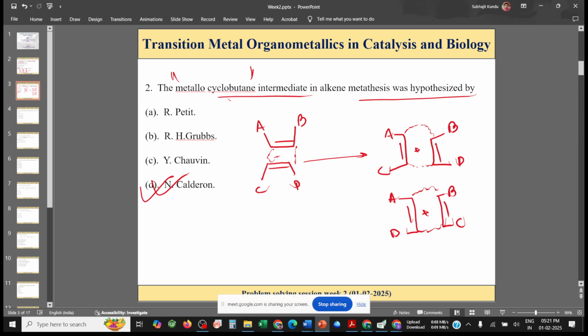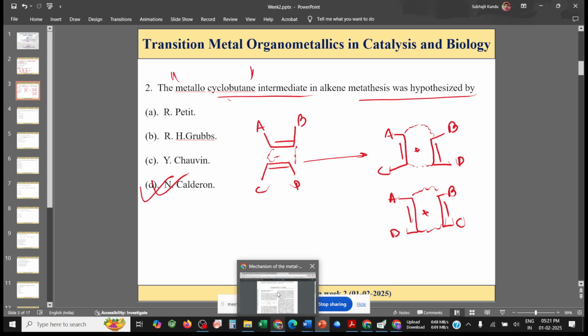Interestingly, I was able to get the paper where this cyclobutane intermediate was proposed for the metathesis reaction. I am trying to show that paper where Chauvin showed this hypothesis.